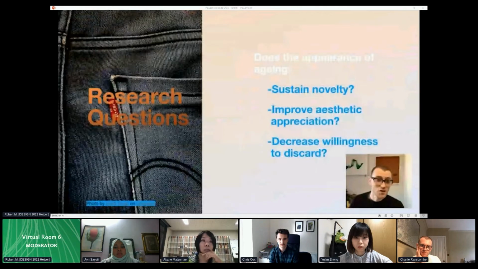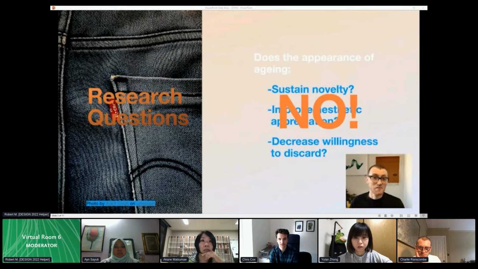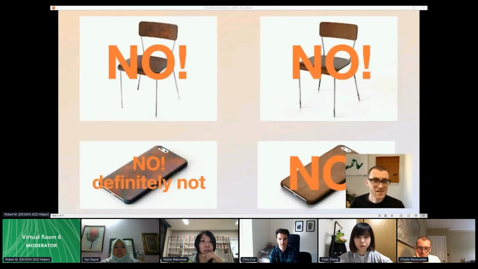So let's talk about the findings. In answer to our research question, does the appearance of aging sustain novelty and so on? Well, unfortunately, the answer is no. And with respect to the 4 categories of products, we saw that it was very much no for the 2 chairs, no for the timber phone case, and definitely not for the copper phone case.